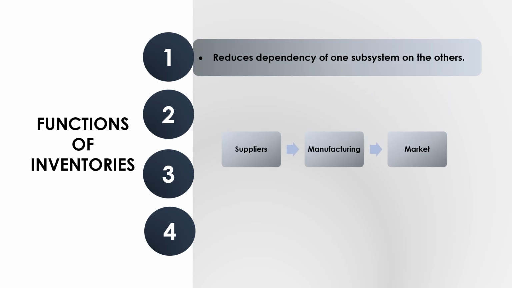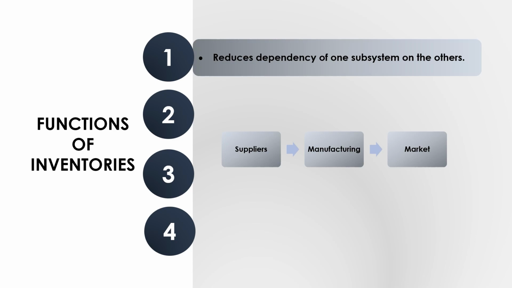Suppose we have this flow of materials. Materials come from the suppliers, then to the manufacturing, and eventually to the market. As you can see, these three subsystems are rigidly connected with each other in such a way that there is no inventory stock in between them. So what do you think will happen? Therefore, the impact of any disruption in any one of the subsystems will be felt in the other two.